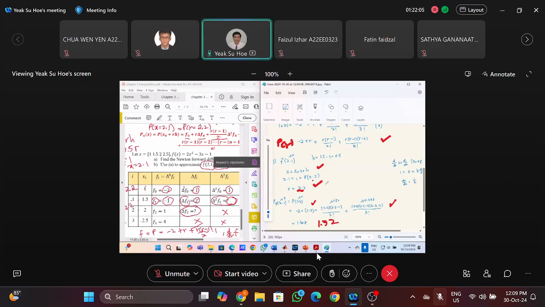Because you see the polynomial is f(x) equals 2s power 2 minus 3s minus 1. So I put f at 2.1: 2 times 2.1 power 2, minus 3 times 2.1, minus 1. So let me see.